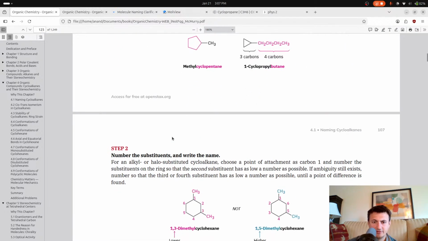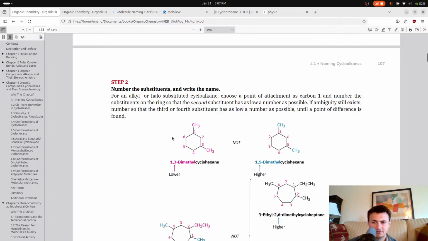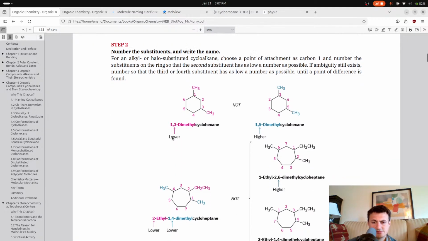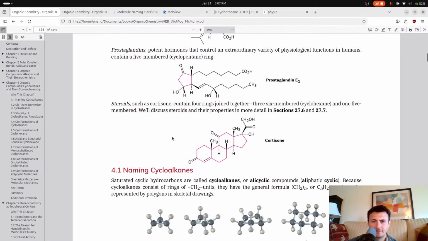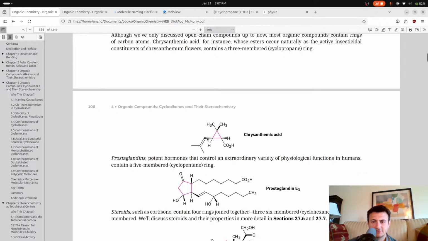Find the parent, name the substituents. And then if there's a tie, you try to make them minimal. So in this case, this compound would be 1, 2, 3.